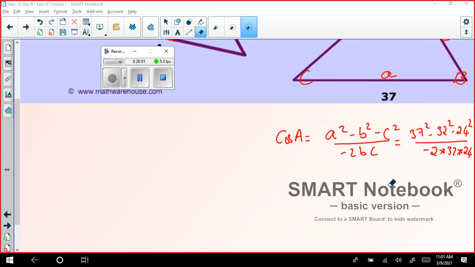So substitute that in calculator. 37 square minus 32 square minus 24 square divided by negative 2 times 32 and 24. So I get 0.1503.